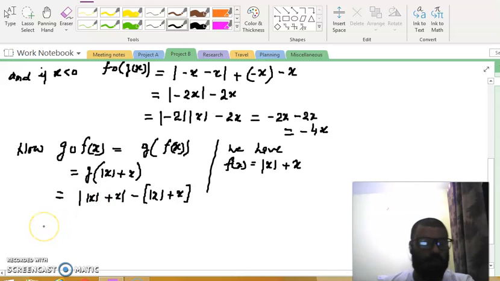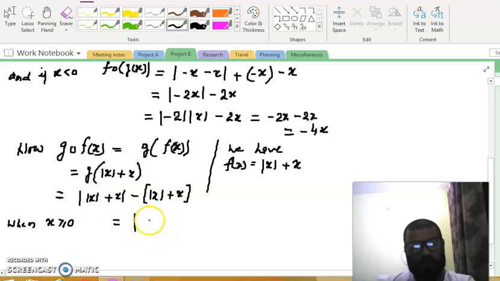First of all, when x is greater than or equal to 0, this is positive.